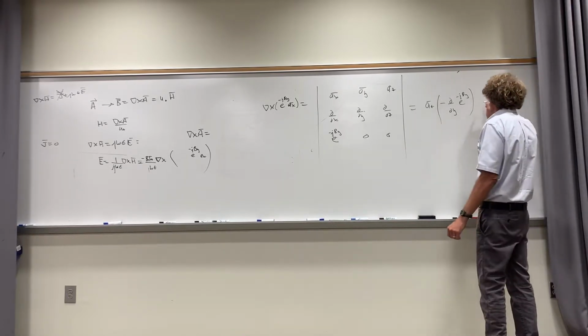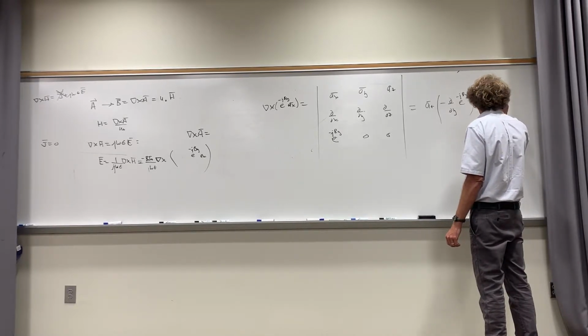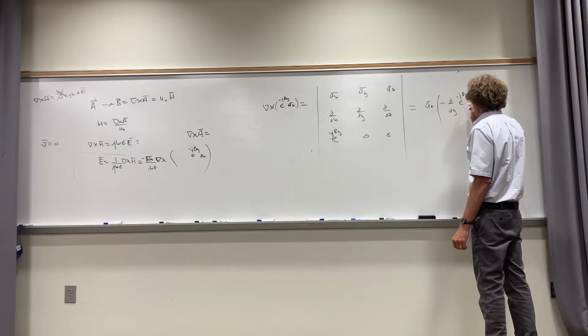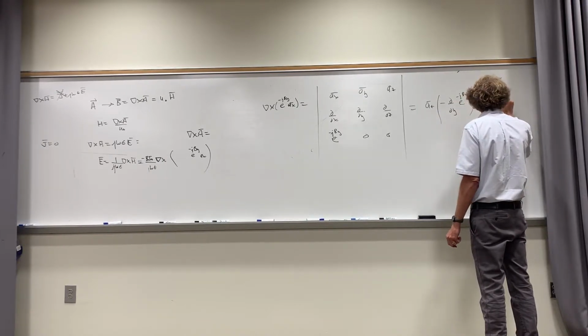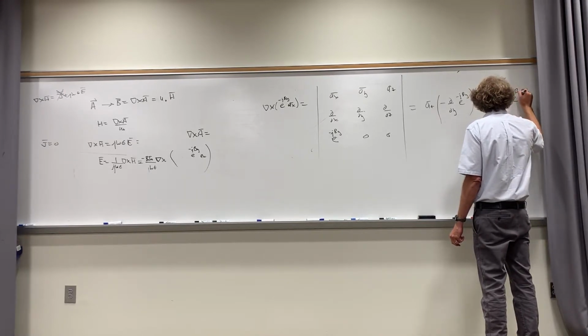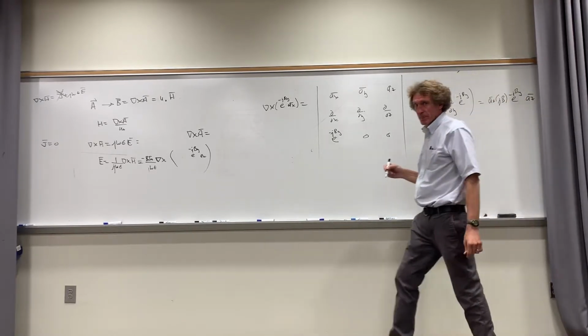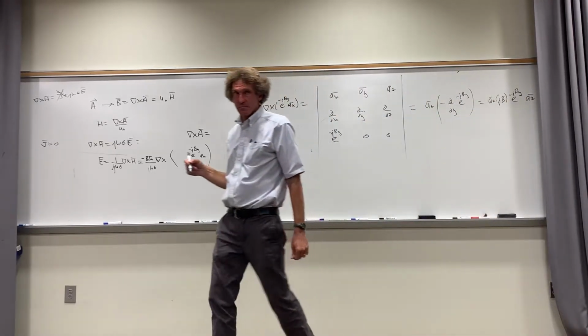And what's that going to be? Minus J beta times e to the minus. Well, the minus J beta, when I take a derivative with respect to y, comes out, but there's a minus sign, so it's just J beta times e to the minus J beta y, and it is in the AZ direction. Do you agree with me? Right?